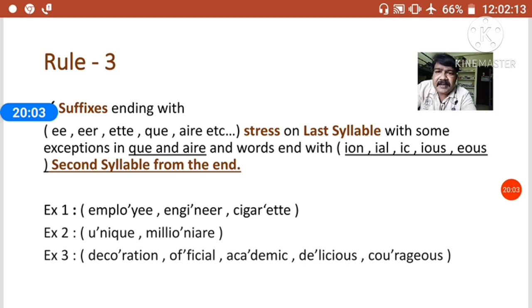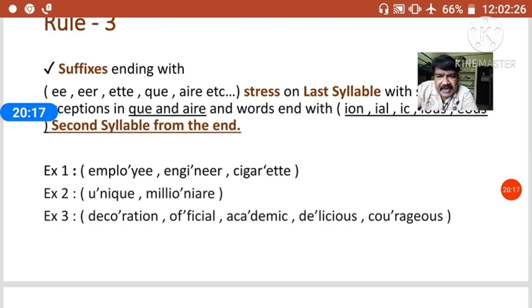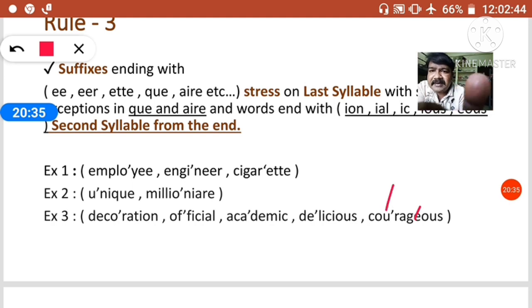Courageous. Us is the first syllable from the end. Rage is the second syllable from the end. K is the first syllable from the end. So where did I keep the stress mark? Not at the first syllable, but here. Second syllable from the end. So I hope that you understood it very well.